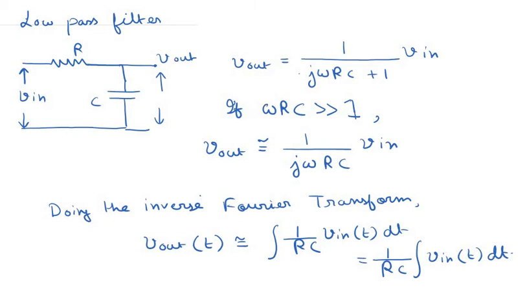Okay, when this condition is met, omega RC much greater than 1, then the output is actually proportional to the exact integration of the input signal.